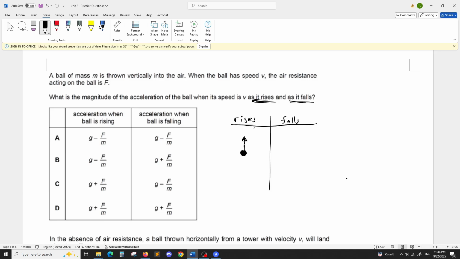They're asking for the actual acceleration, which is the resultant. Since it's going up, our air resistance drag force is going to be down, and another downward force is gravity.